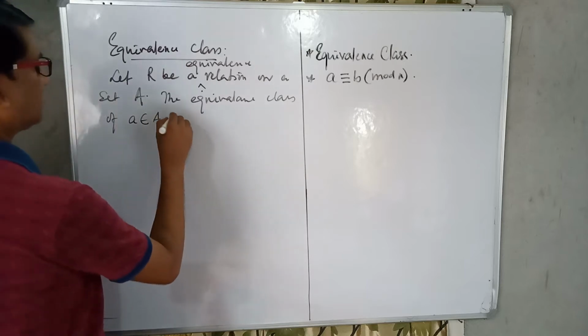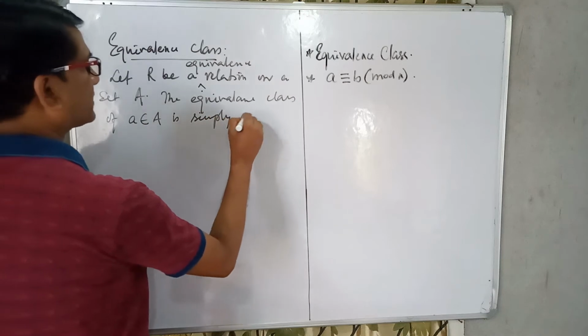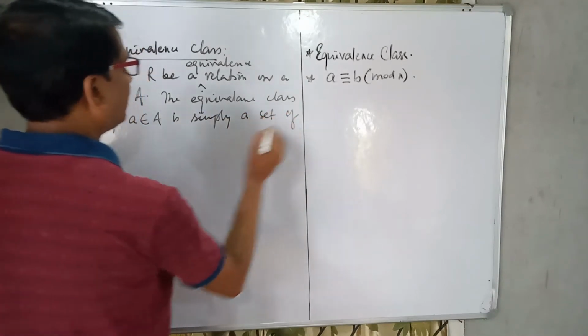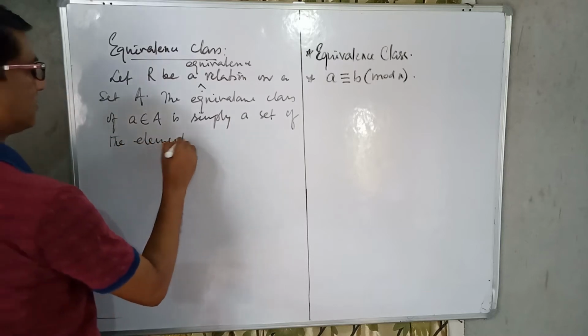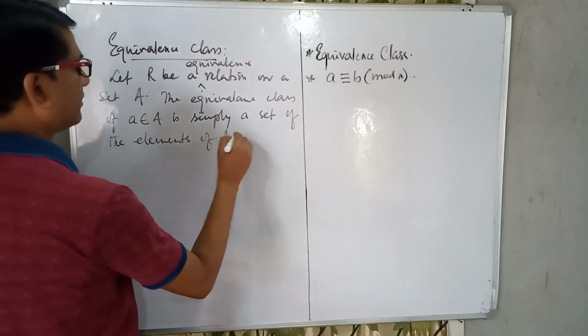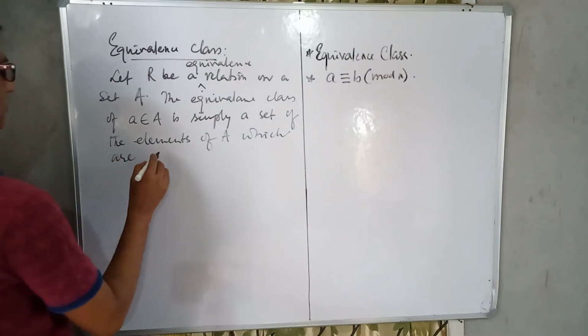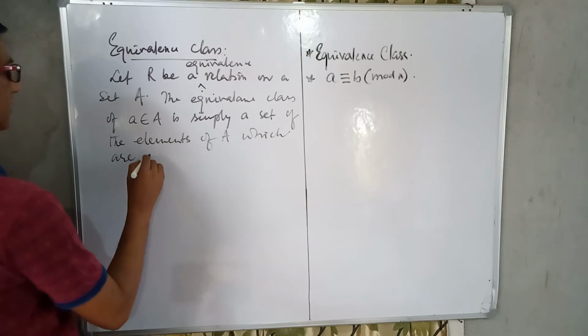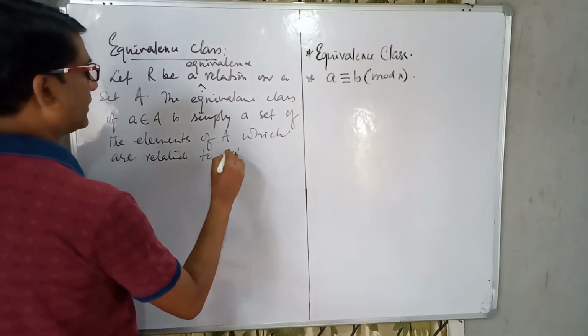is simply a set of the elements of A which are related to a.